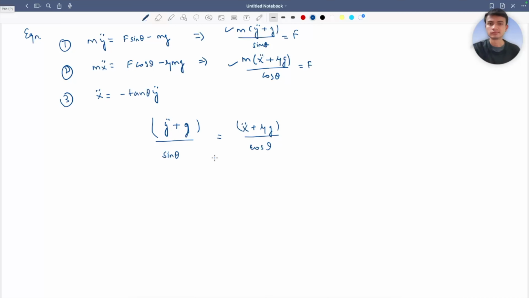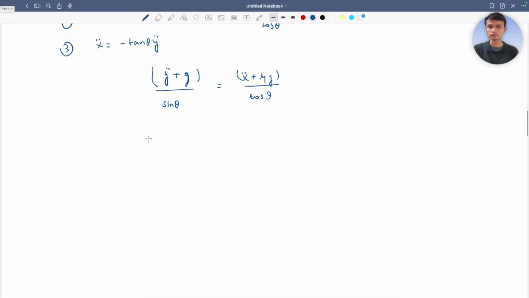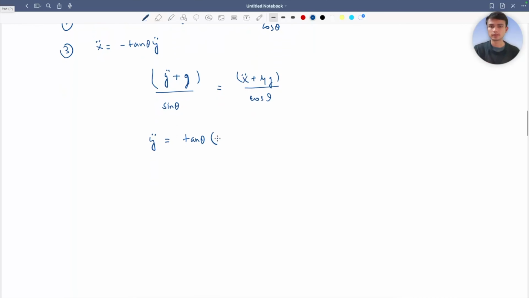So y double dot is equal to tan theta times, and x double dot will be written as minus tan theta y double dot, plus mu times g, minus g.